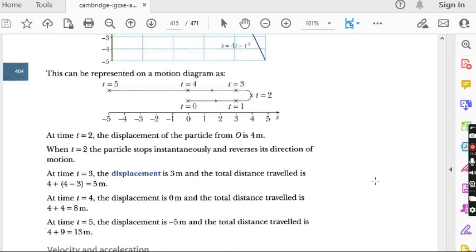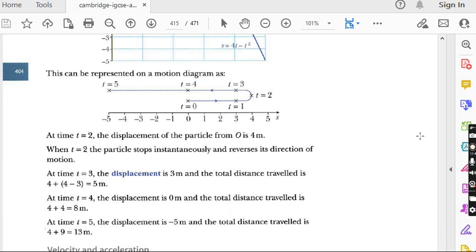Why? Because from negative 5 to positive 4, if you count 1, 2, 3, 4, 5, 6, 7, 8, 9. So the total distance is 4 plus 9, which is 13 meters.